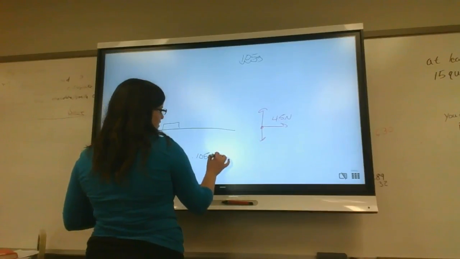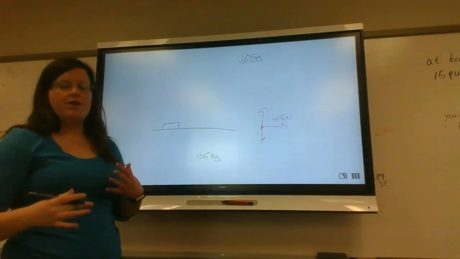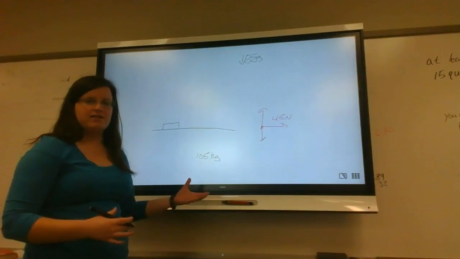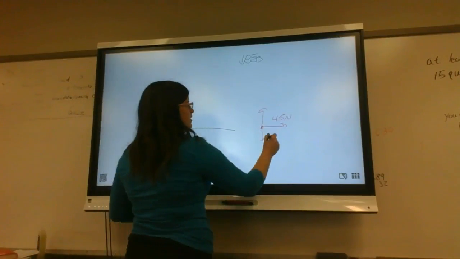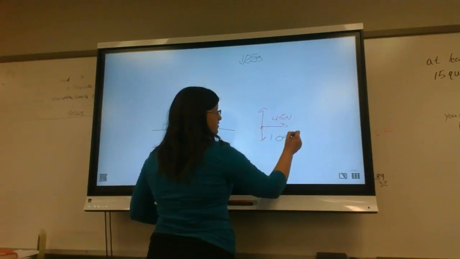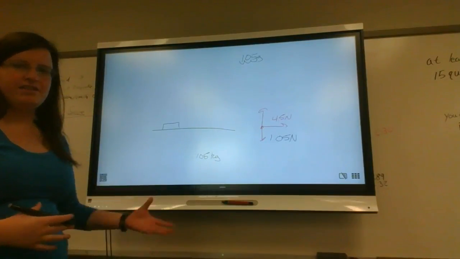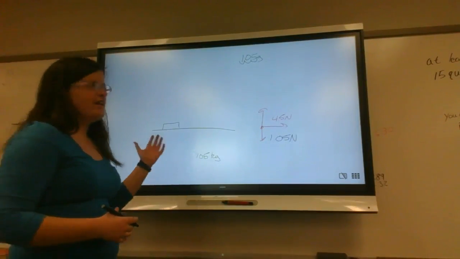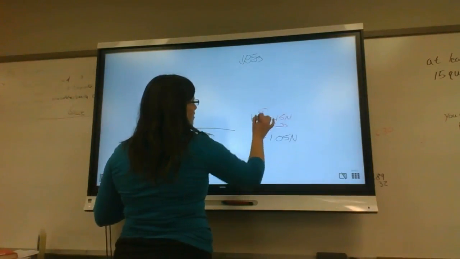So you actually have 0.105 kilograms. And if you recall from the previous chapter on forces, in order to find the weight force, you take the mass and you multiply it by 10. So you're actually going to get 1.05 newtons going down. Now, because the puck is obviously not floating on this ice, you're going to have the same force going up.